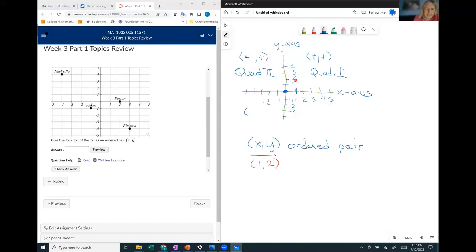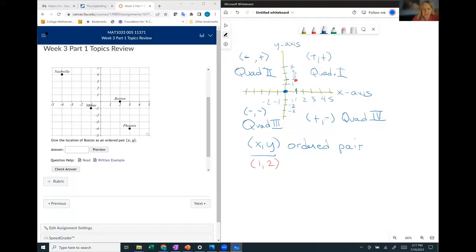Here, both x and y are negative because we're to the left of the 0 point on the x and down from the 0 point on the y. This is called quadrant 3. And here x is positive and y is negative, and this is called quadrant 4. So that's basically how it's set up.